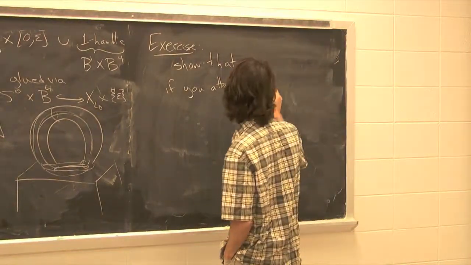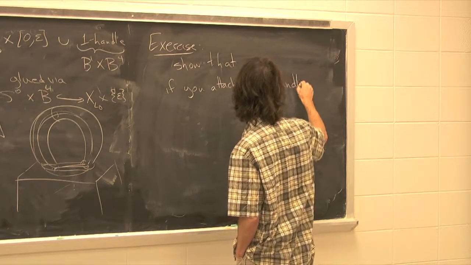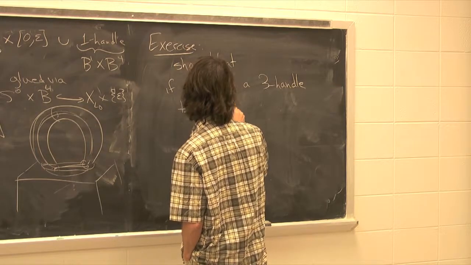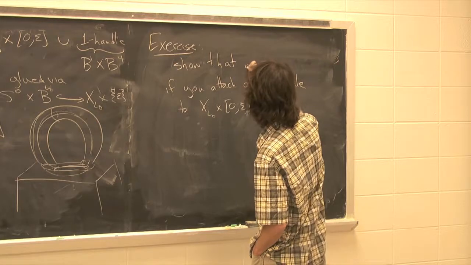If you attach a 3 handle to XL0 cross epsilon, this is a 5-dimensional 3 handle.